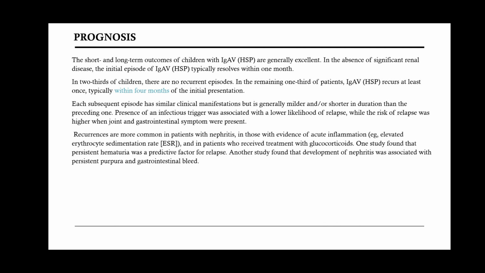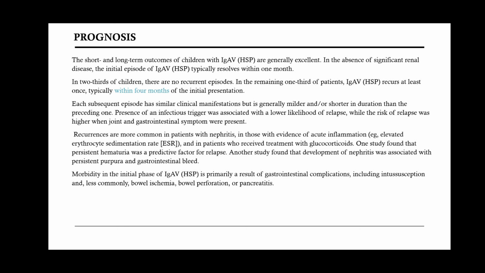Recurrences are more common in patients with nephritis, in those with evidence of acute inflammation, elevated ESR, and in patients who received treatment with glucocorticoids. One study found that persistent hematuria was a predictive factor for relapse. Another study found that development of nephritis was associated with persistent purpura and gastrointestinal bleeds.